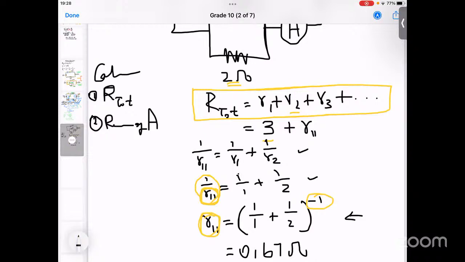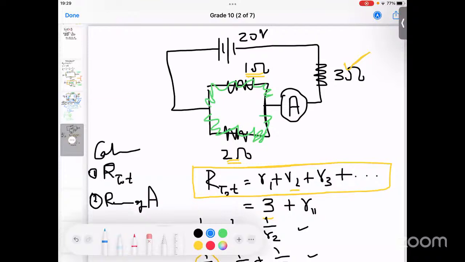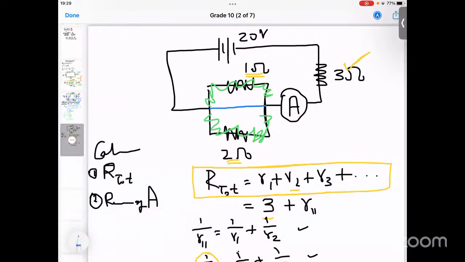So what you have done, honorable members, is converted this connection into a single connection of 0.67 ohm. It's like you cancelled that parallel and converted it into a series.